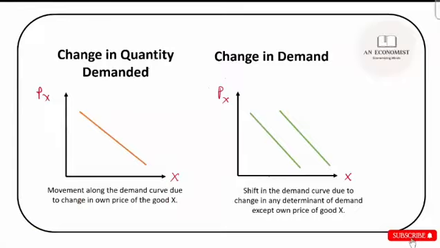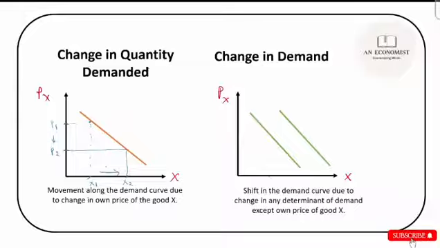What is change in quantity demanded? Suppose you are starting with the price level P1, and here you see the quantity demanded. If you draw this line and drop it down here, suppose the quantity demanded is x1. Now for some reason the price falls to P2. Then what happens? The quantity demanded definitely increases due to the law of demand and you reach x2.